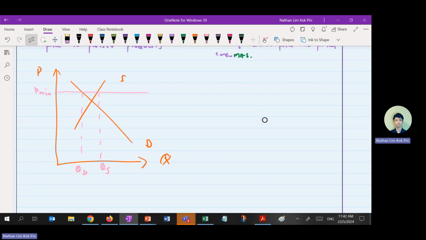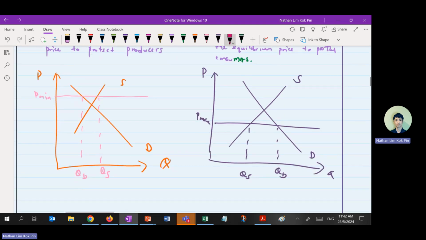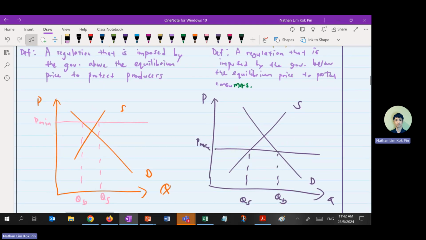For maximum price, the maximum price should be below. And this is QD, and this is QS. This is the maximum price. Of course, I need to put some product names. For example, in here, veggie.